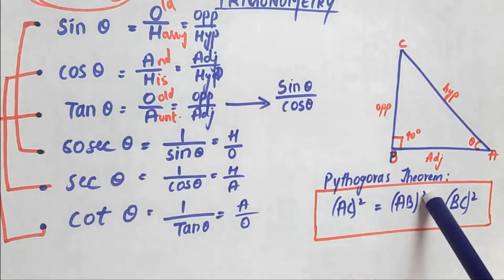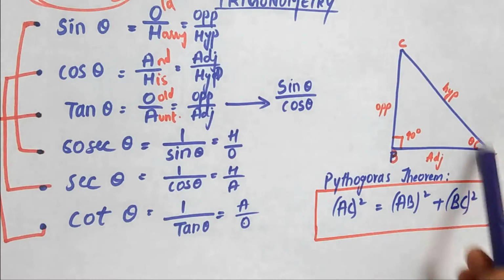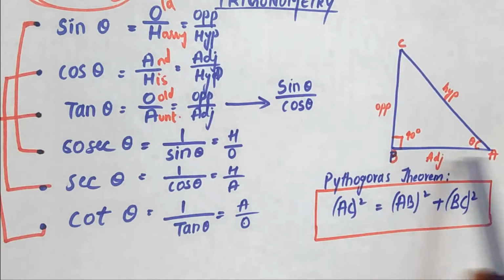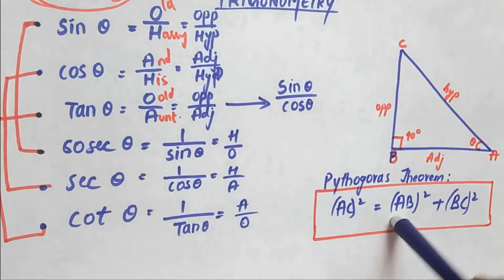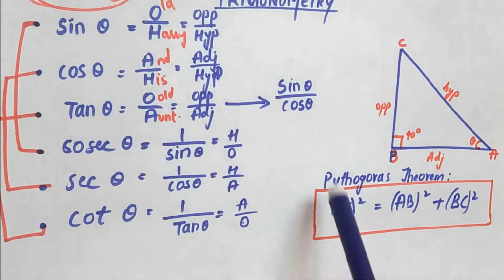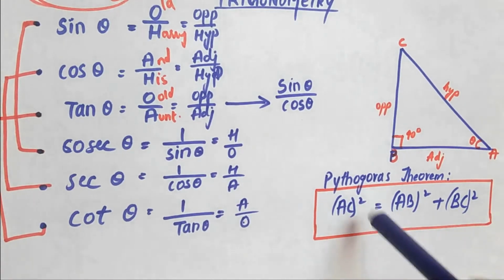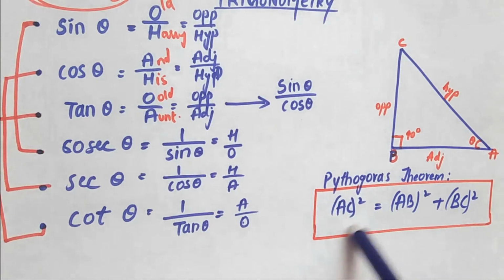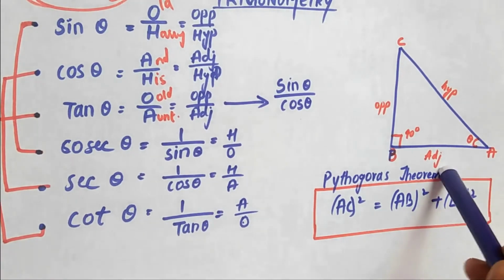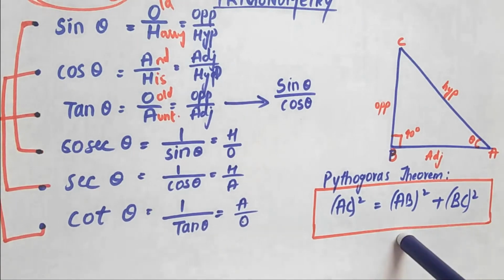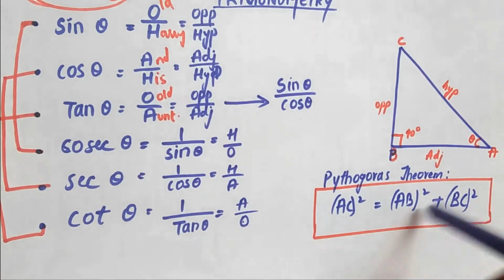So it's nothing but AC square equals AB square plus BC square. So we can make out any of the problems. Simply mug up this formula or understand it. In the problem, either AC will be missing, or AB, or BC, so we can easily find the missing side by keeping the values and playing with them.